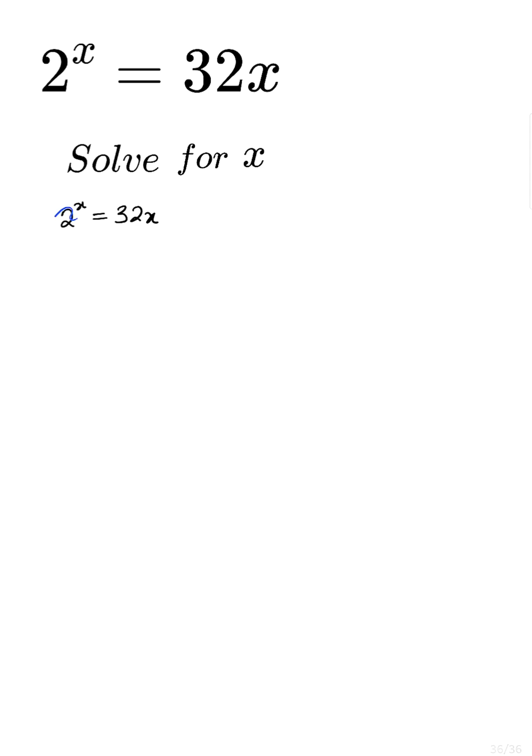On the left hand side, I have 1 over 2 raised to x times 32, and on the right hand side, I have 2 raised to x times 32. So this clears off this, and this clears off this. On the left hand side, we have 1 over 32 equals x over 2 raised to x.